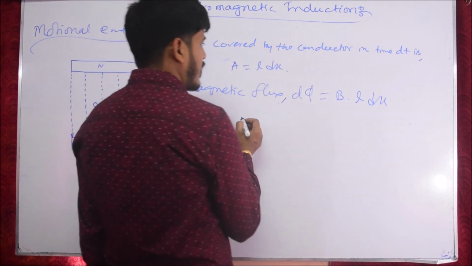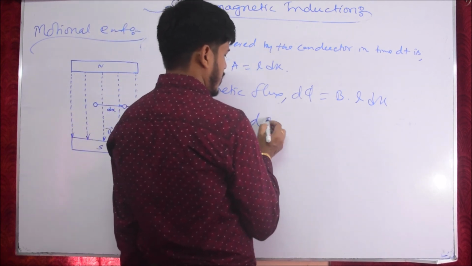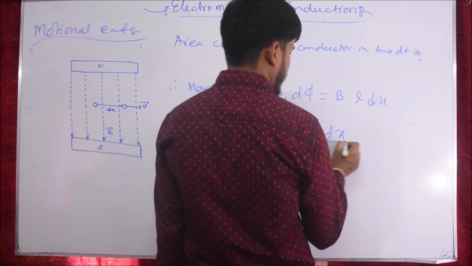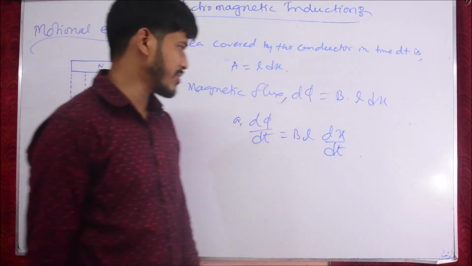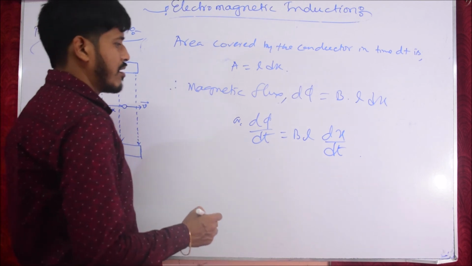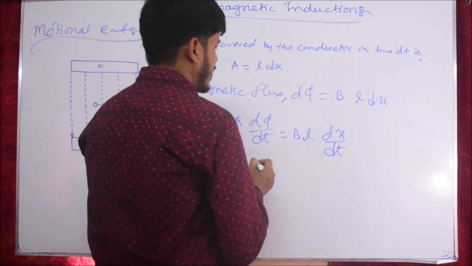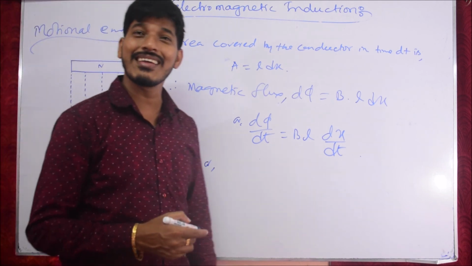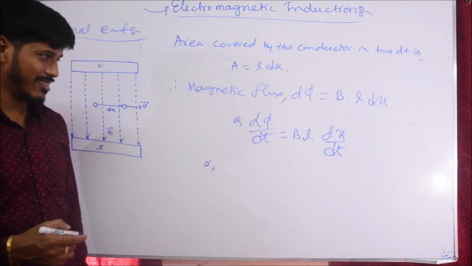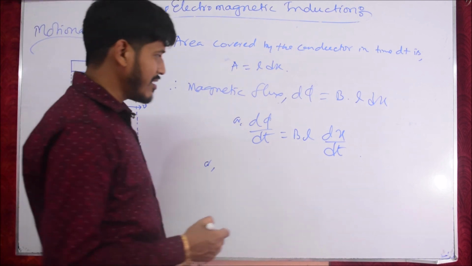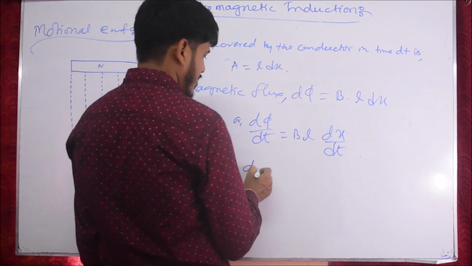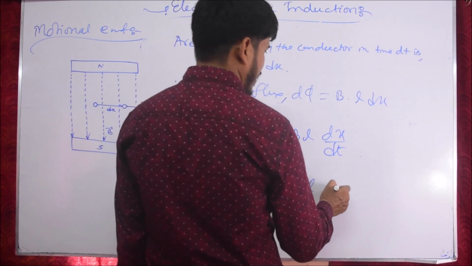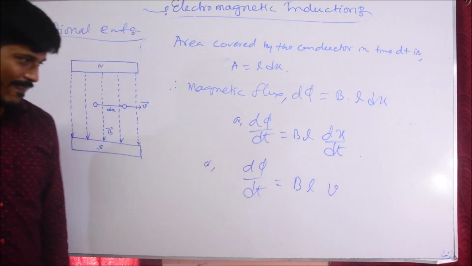Now differentiating both sides with respect to t, d phi dt, which means change in magnetic flux, is equal to BL dx dt. So d phi dt is equal to BL V, as dx dt means V.